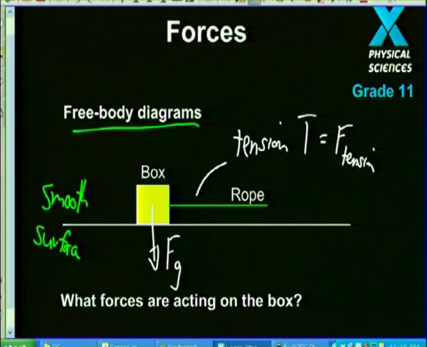This is equal to the mass of the box times the acceleration due to gravity on Earth, because we're dealing with Earth, and that little g there is equal to 9,8 meters per second per second. Okay, it's an acceleration, because we know if we drop anything in the area close to the Earth's surface, it will fall.